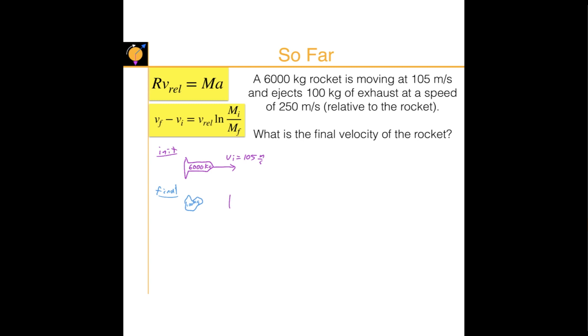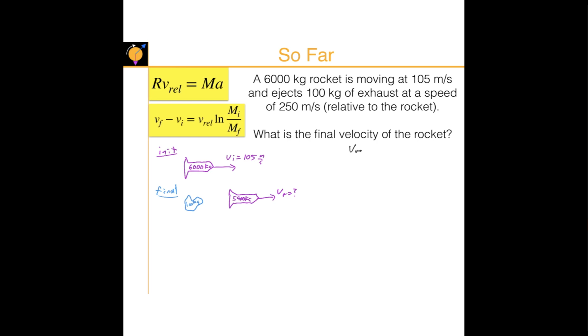And if we ejected 100 kilograms, what's the new mass of the rocket? Well, it's going to be 600 minus 100, so it's going to be 5,900 kilograms. We want to find what v final is going to be, and so let's write down everything we know.